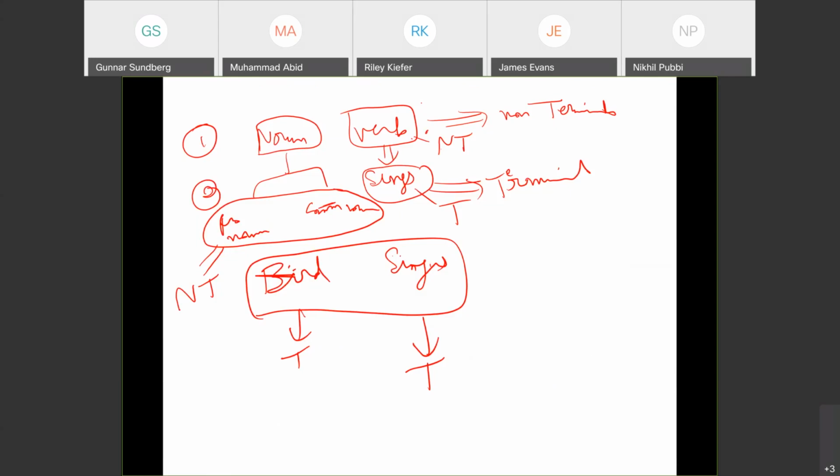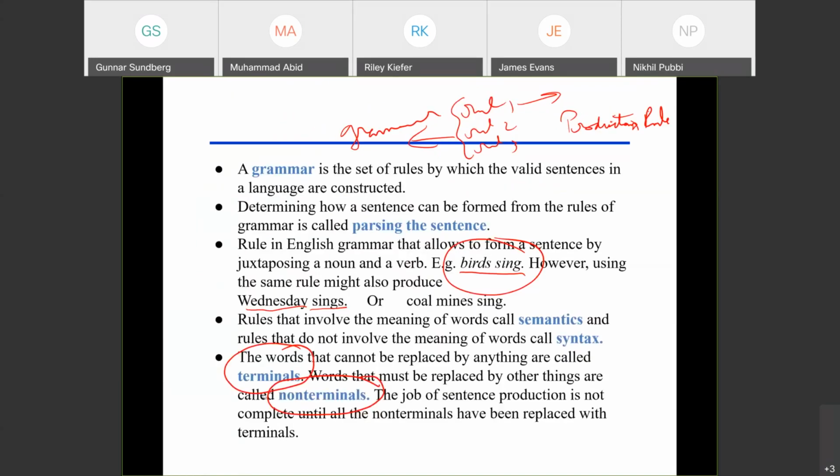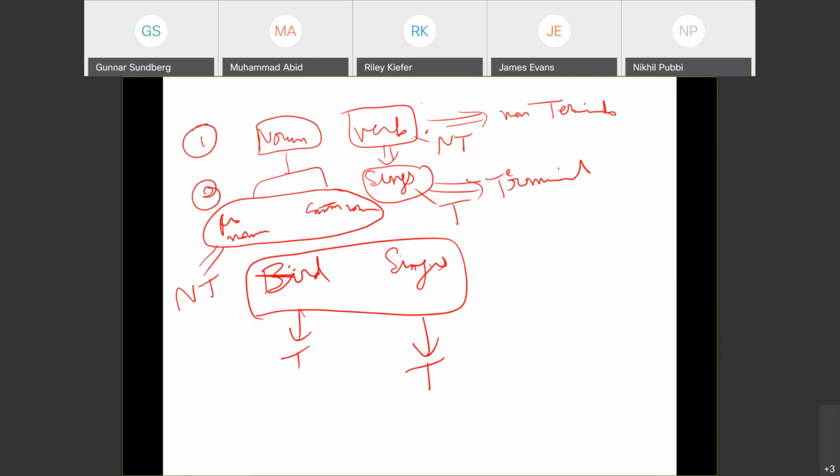If you read this, it is written here that terminals are the words that cannot be replaced by anything. Words that must be replaced by other things, either terminals or non-terminals, are called non-terminals. The job of sentence production is not complete until all the non-terminals have been replaced with terminals. So we cannot say that a line like pronoun, common noun, sings is a sentence while any non-terminal remains.